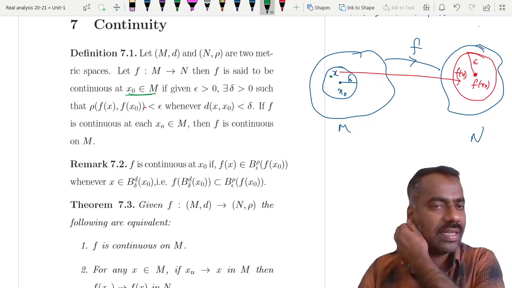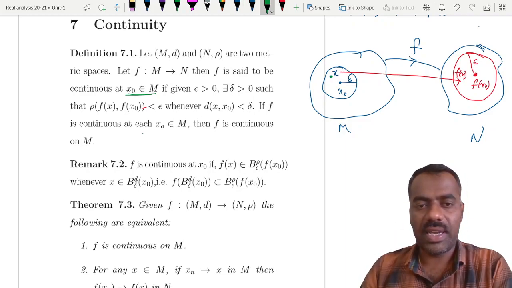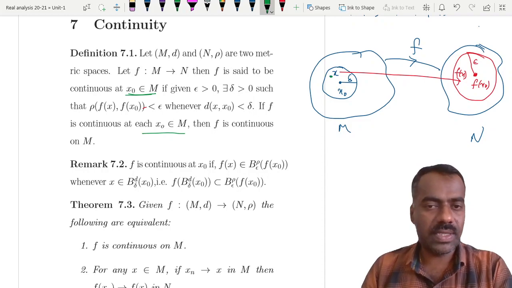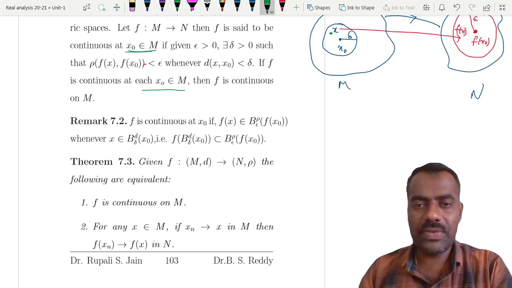If such a condition is satisfied, then we say that f is continuous at x naught. And if it is continuous at every point, then we simply say f is continuous on the metric space M. Right, fine. If you understand this one, that is what I have written here, right?